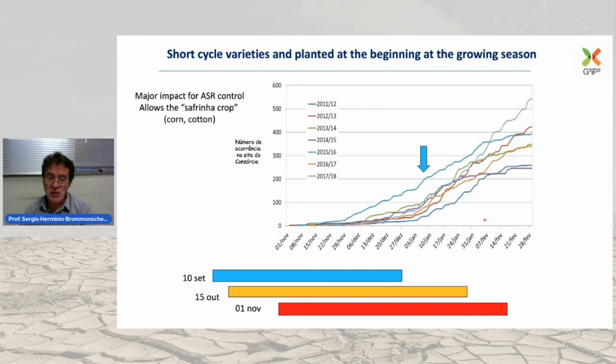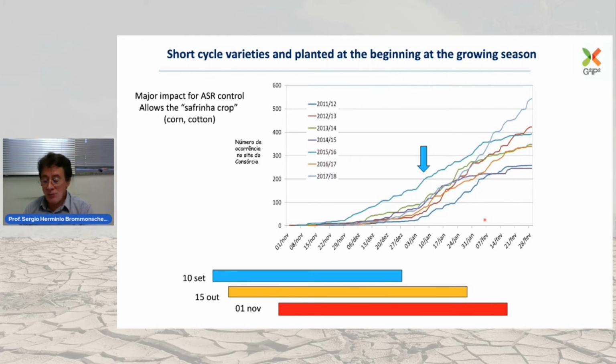So that's an important strategy. But this strategy used for this purpose is giving a very huge impact in the soybean rust control, especially in the Cerrado region, Mato Grosso and Goiás.